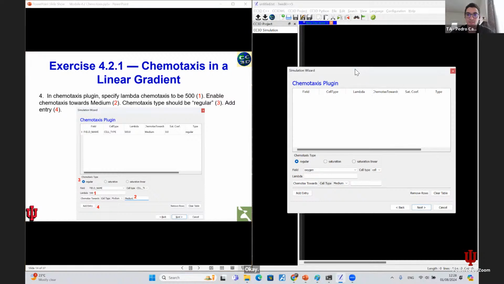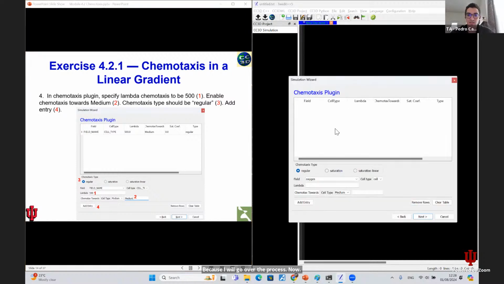So I have my chemotaxis table here. I first put 500 in lambda. That's the first step. So what I did, 500 in the lambda field right here. Next, chemotaxis towards medium.